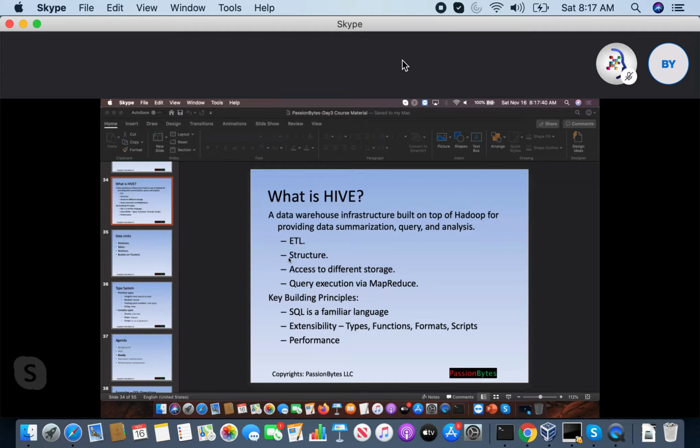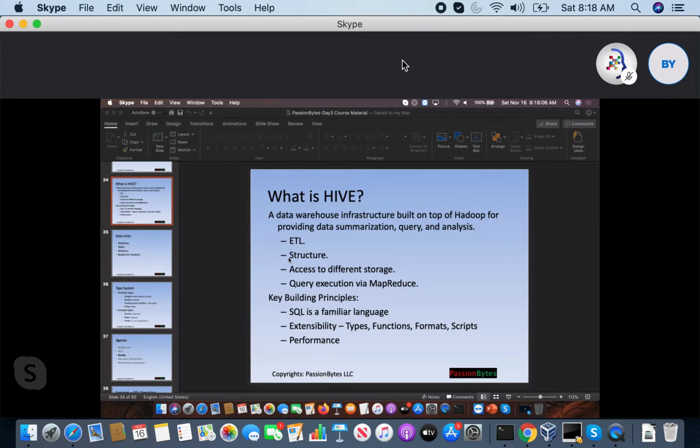You write simple SQL-like statements on top of the data. The engine will take care of converting that SQL into a complex MapReduce program. So you don't need to know anything about MapReduce. You need to know only the SQL statements.